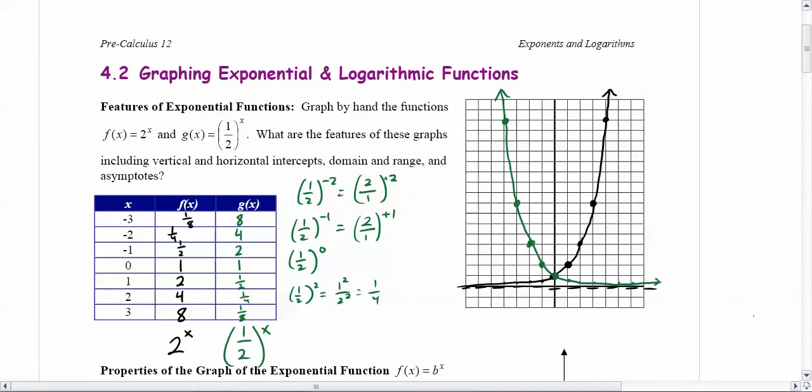So do you notice which transformation could take you from one graph to the other? Is it the inverse? Not quite. It's a reflection. These two are reflections in the y-axis.